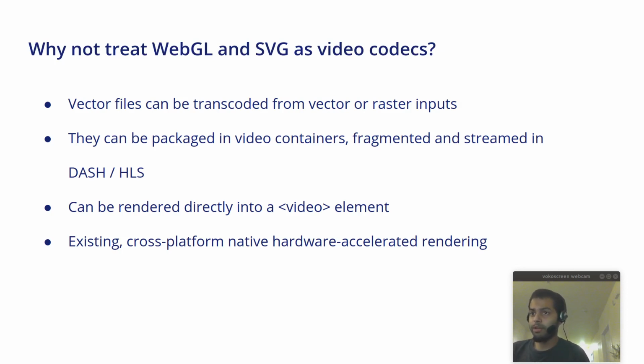If you can treat them like video codecs, why not consider them as video codecs? Like I mentioned, there's a couple of reasons you might want to. There's certain kinds of content for which vector graphics has an advantage: bit rates, interactivity. There's a couple of advantages of why you might want to consider them as codecs.